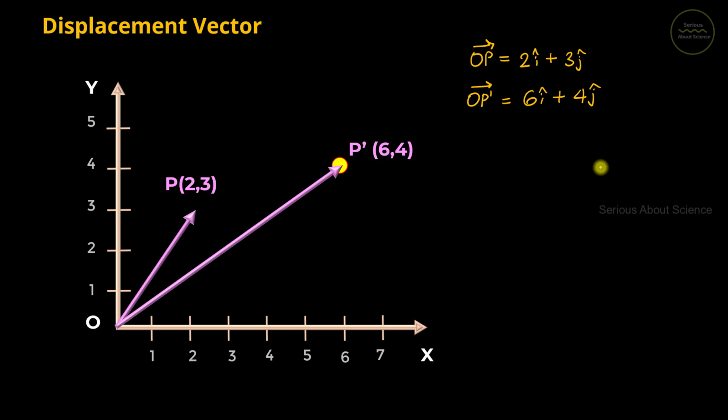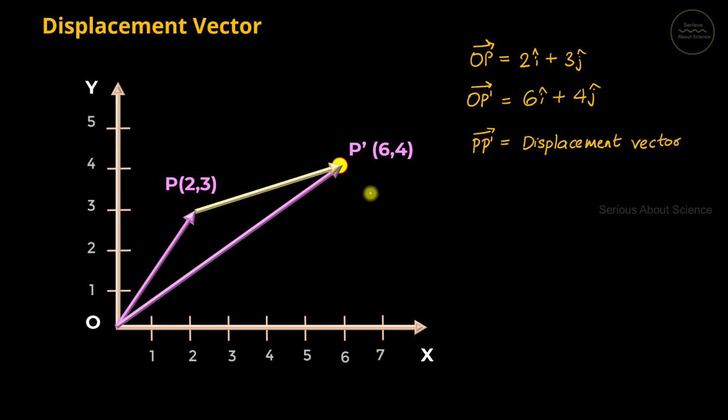Now if I join this initial point and final point, we'll get our displacement vector. So here the displacement vector is the vector PP dash. Vector PP dash is the displacement vector. And we know that displacement only depends on the initial and final point. It doesn't depend on the path taken by the body.